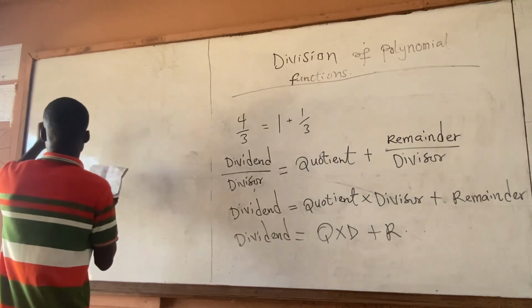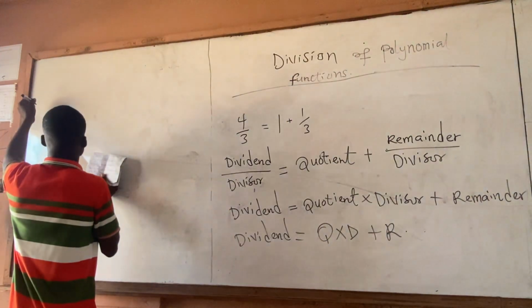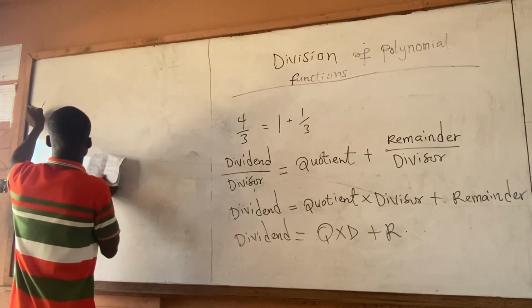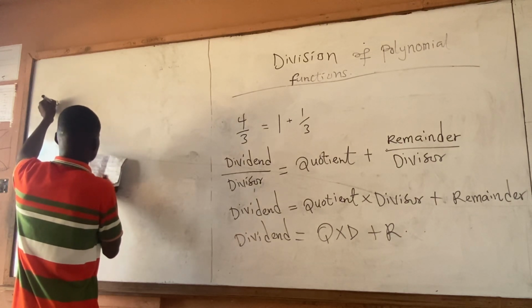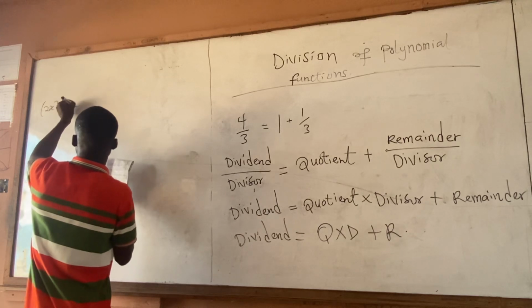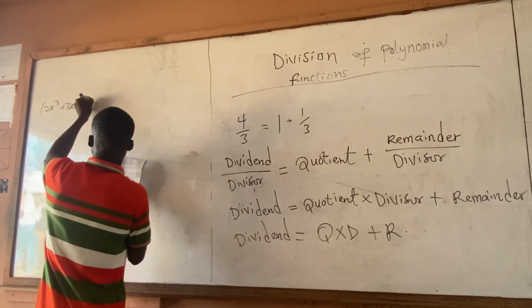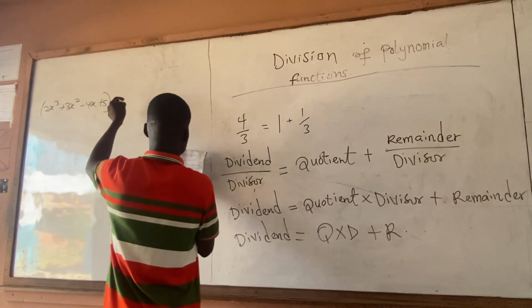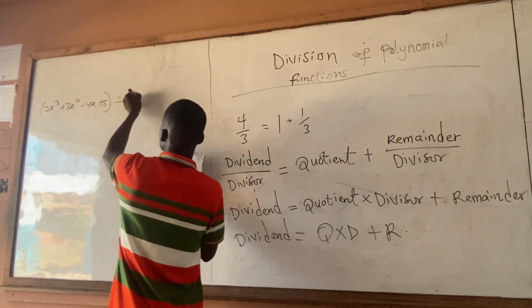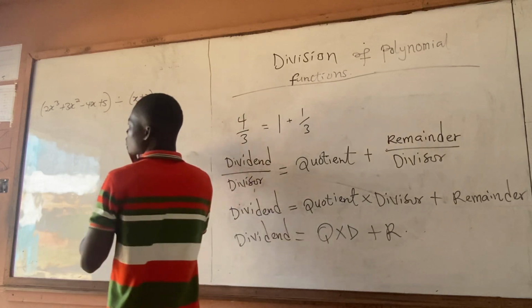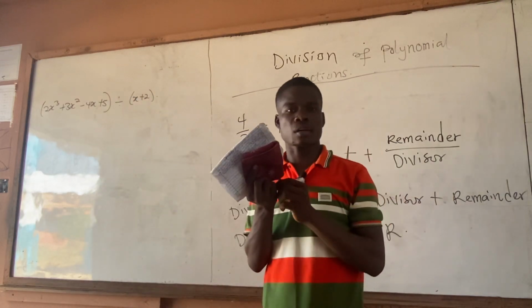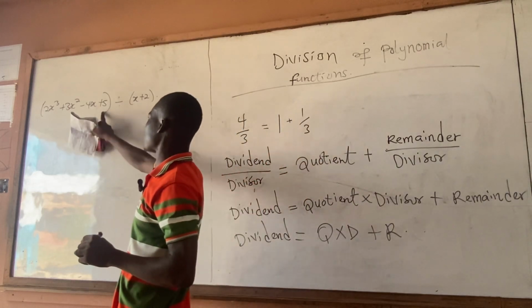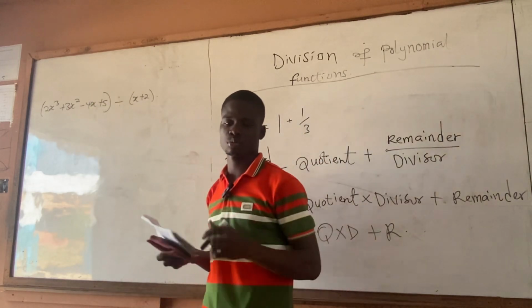Example: we have to simplify 2x cubed plus 3x squared minus 4x plus 5 divided by x plus 2.